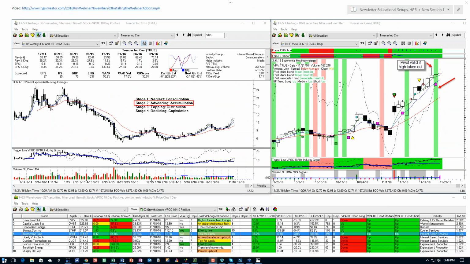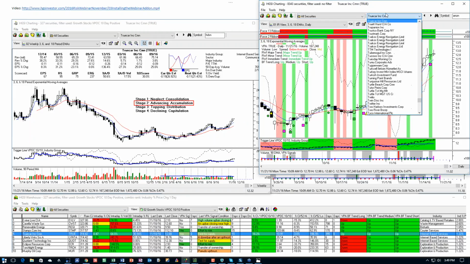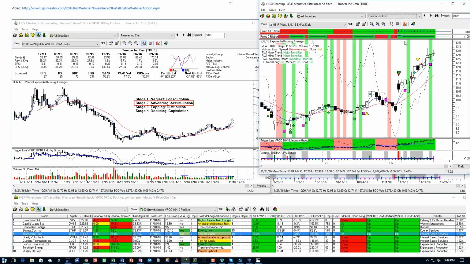So this stock did not get filled today. Let's just bring it up here. I've got it right here on my screen. This is the one I'm talking about. Let me draw a horizontal line here.